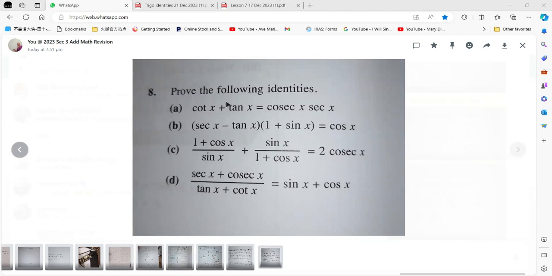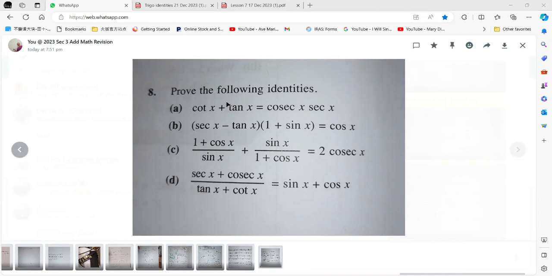In the meantime, please do something about it. I don't want you to be audience, sit down there and just listen. You want to be participant, okay? As I always tell you, you must be participant. You try it out, okay? I will send you some questions involving double angle.